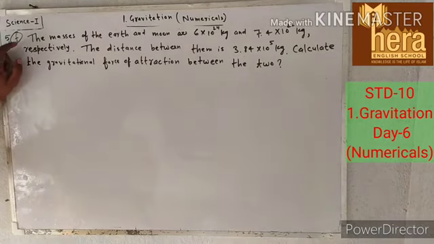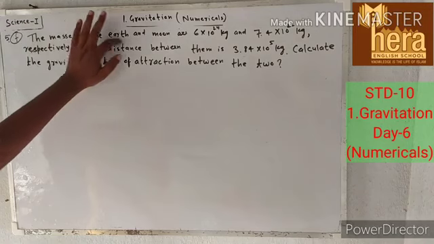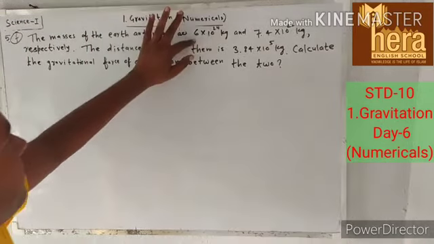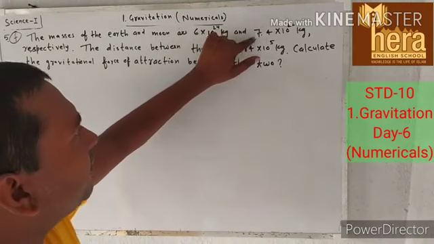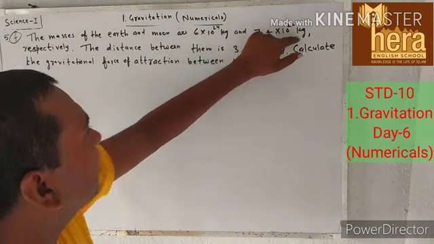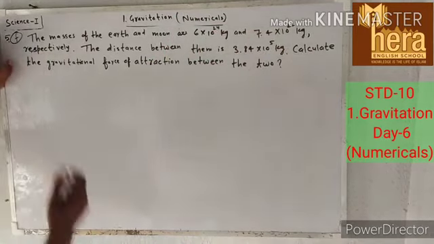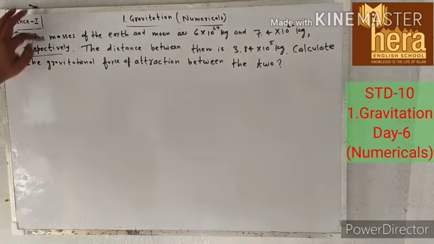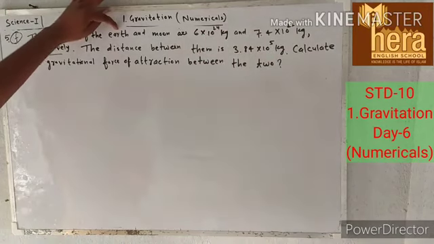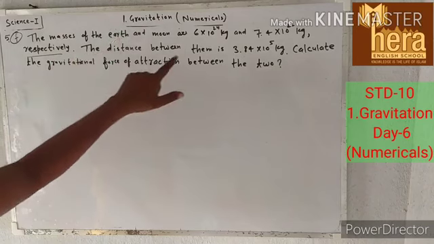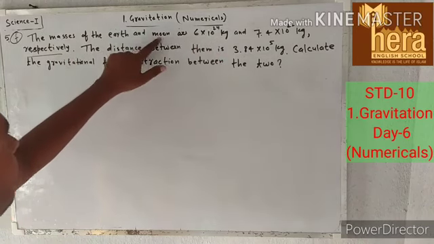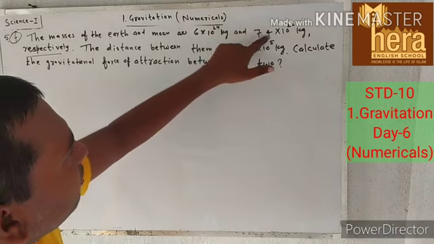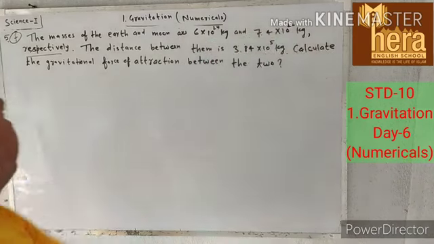So next is the masses of the Earth and Moon are 6 into 10 raised to 24 kilogram and 7.4 into 10 raised to 22 kilogram respectively. Respectively means what? First is Earth, so mass of the Earth is 6 into 10 raised to 24 kilogram, and mass of Moon is 7.4 into 10 raised to 22 kilogram.